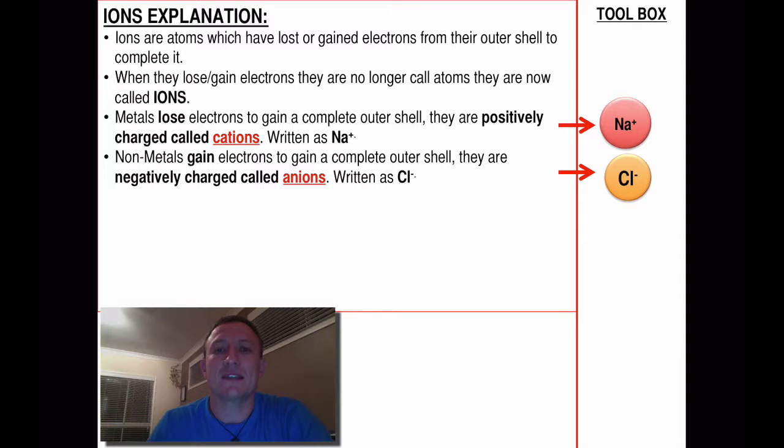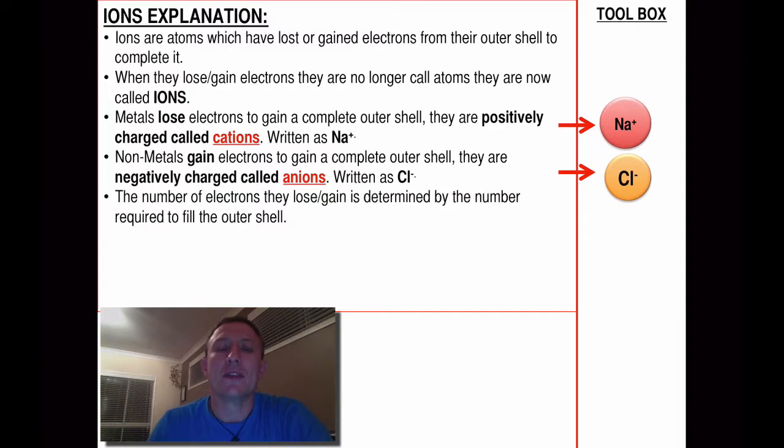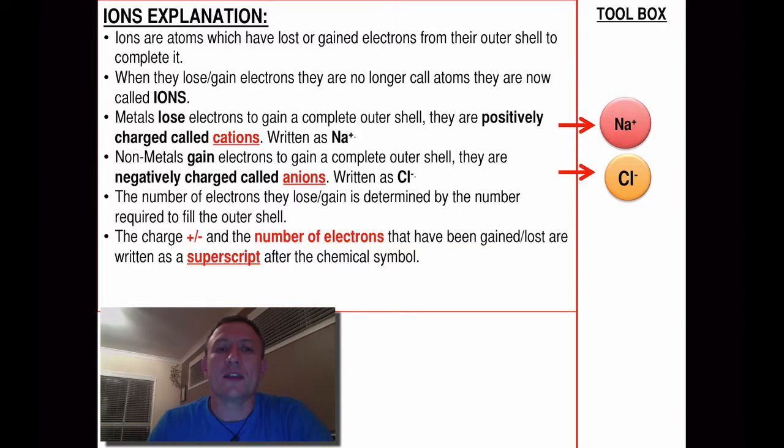So you can see that sodium has lost an electron and it becomes positive, and chlorine has gained an electron, so it becomes negative. Now, the number of electrons that you gain or lose is determined by how many it requires to fill the outer shell. So, in the case of sodium, sodium has to lose one electron. The number of electrons can be written as a superscript after the chemical.